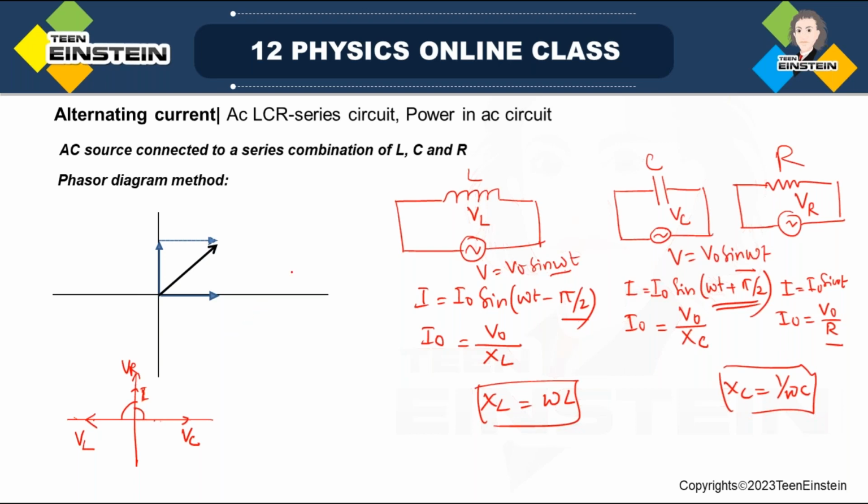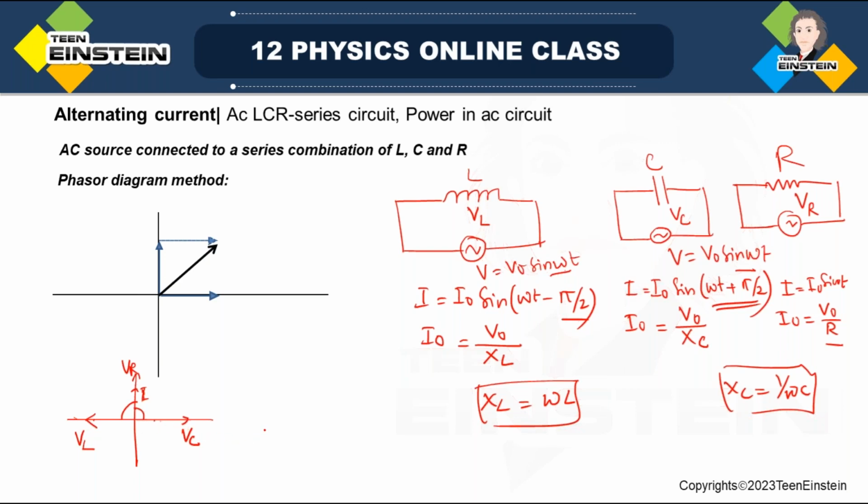Now suppose all three components are connected in series. In that case, how to solve this? Using the rotating vector or phasor diagram method. See, I have VL here this way and VC this way.